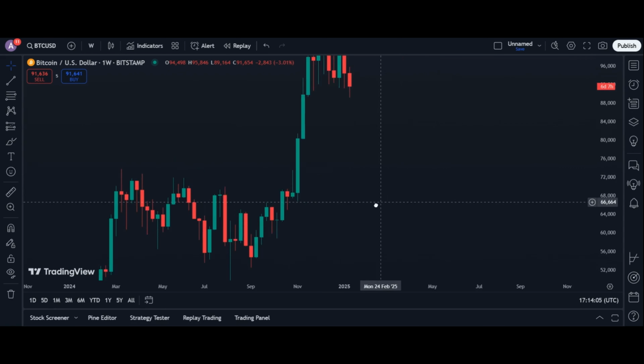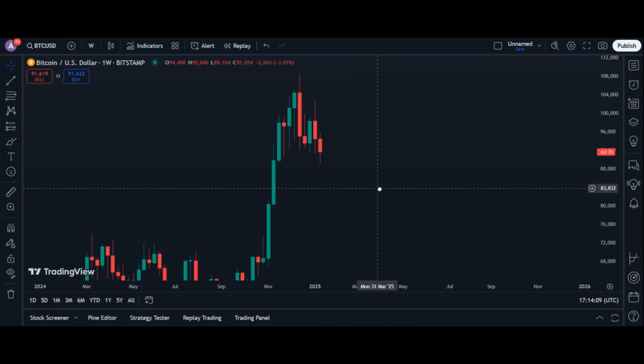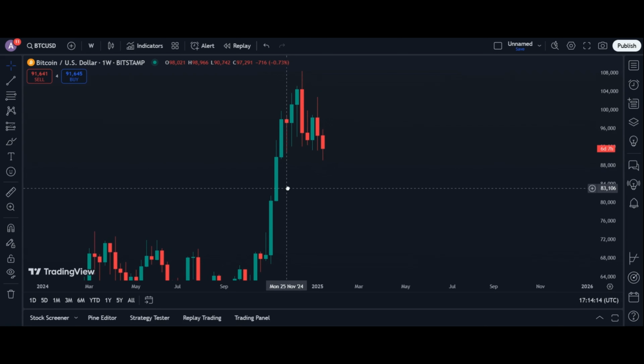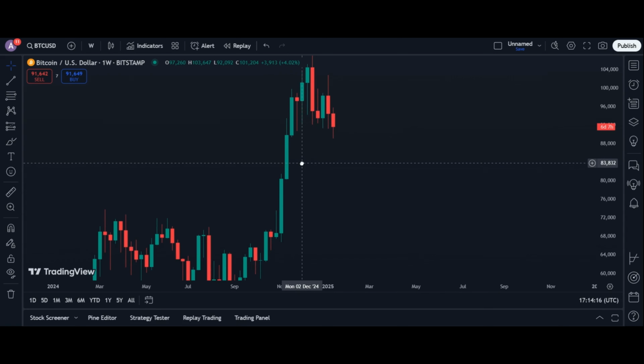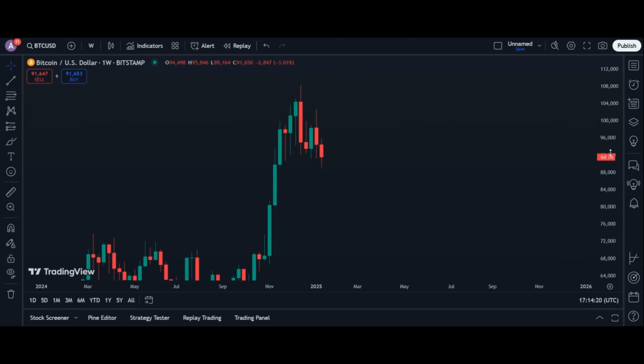If we look more meticulously, we can see that there were some high momentum candles here, and after that, there was a little decrease in the price of the Bitcoin market.